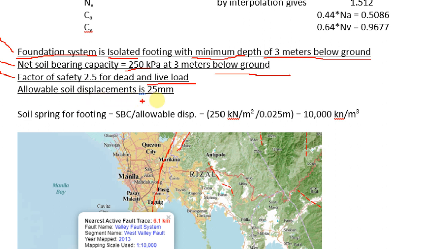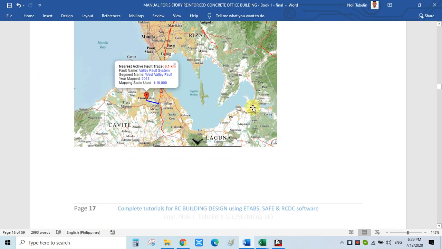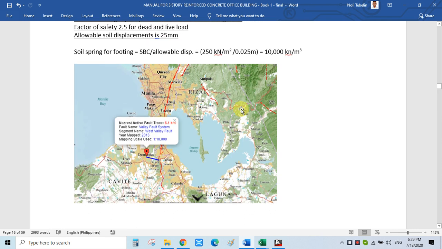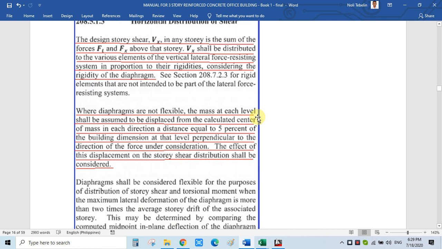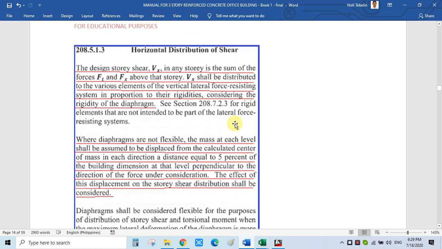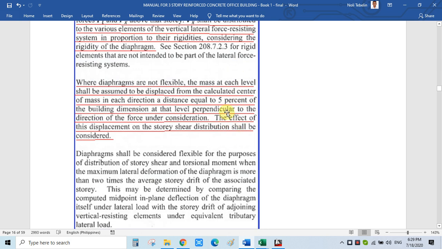So, punta natin tong NSCP 208.5.1.3. So, the horizontal distribution of shear. So, meron kasi tayo ng 5% na nilagay dun sa earthquake load. So, ito yon, horizontal distribution of shear.